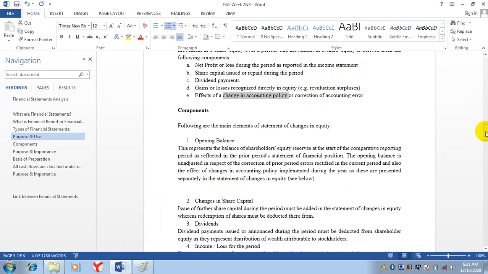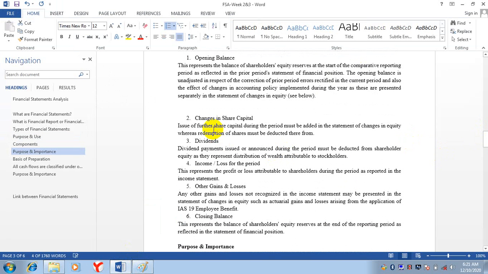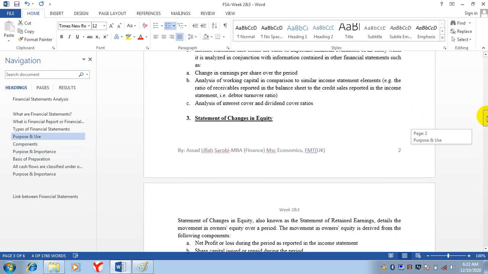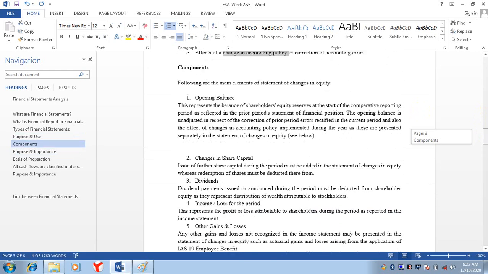Now the second thing is changes in share capital. It also affects the statement of changes in equity.